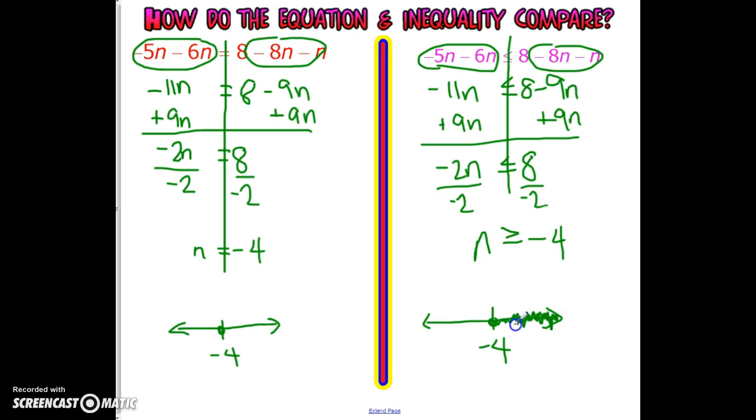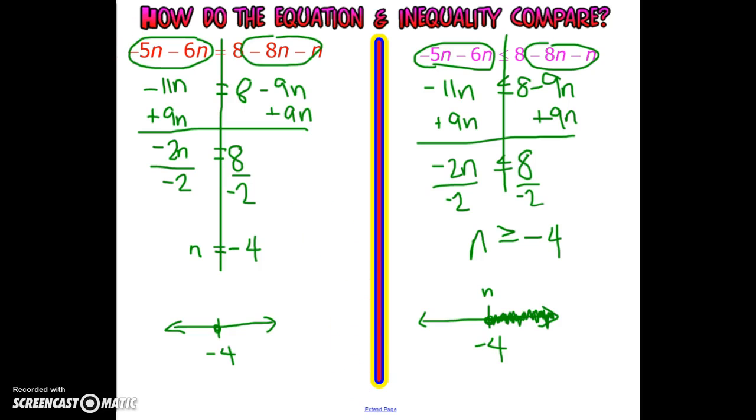Any value greater than or equal to negative 4 would make the inequality true. So 0 would make it true, 100 would make it true, negative 3 would make it true, negative 3.999 would make it true, but negative 4.1 would make it false. So just remember, the difference between the two solutions is the purpose of why we're doing this.